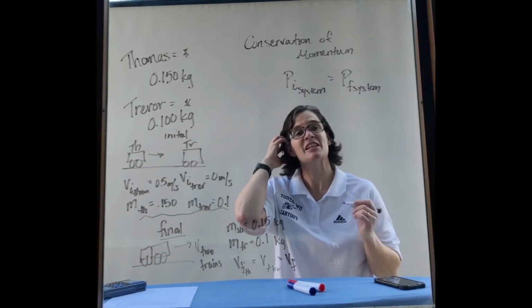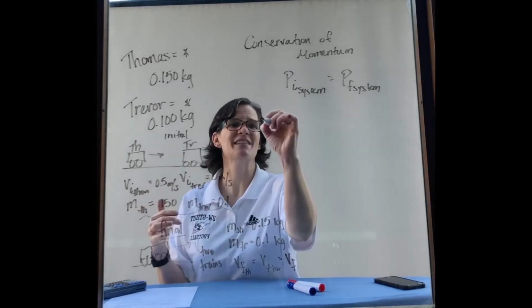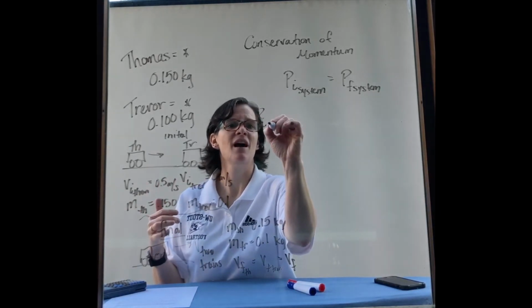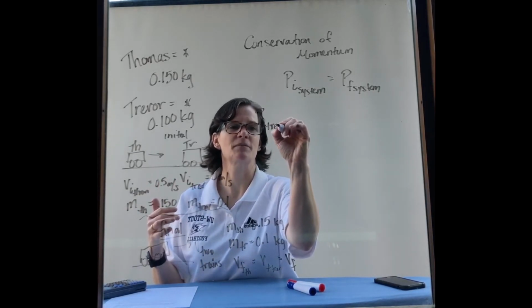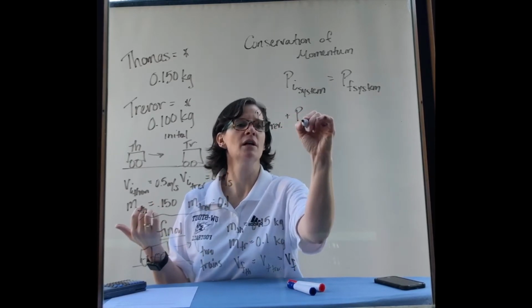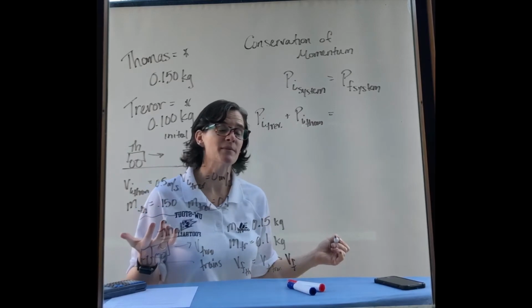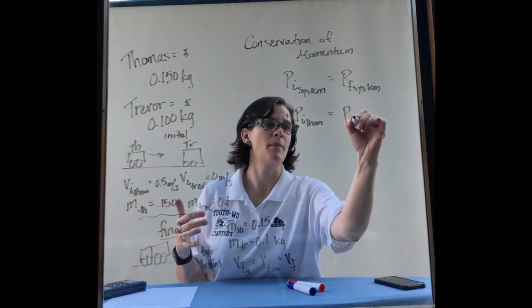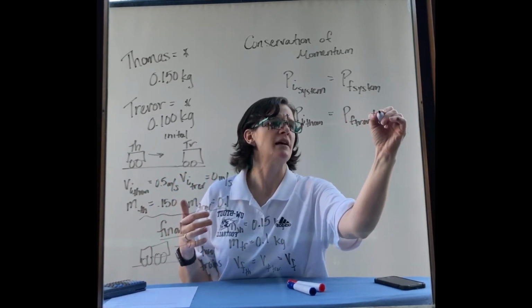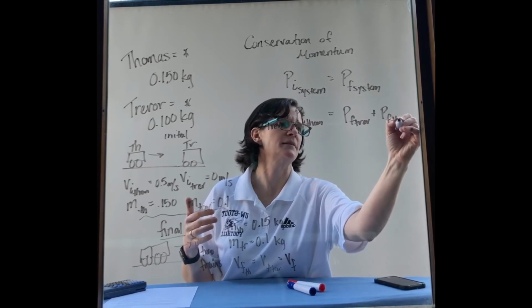Now, the initial momentum of the system, well, that's just the initial momentum of each object in the system. So the initial momentum of Trevor plus the initial momentum of Thomas. Our final momentum of the system, well, that's just the final momentum of Trevor plus the final momentum of Thomas.